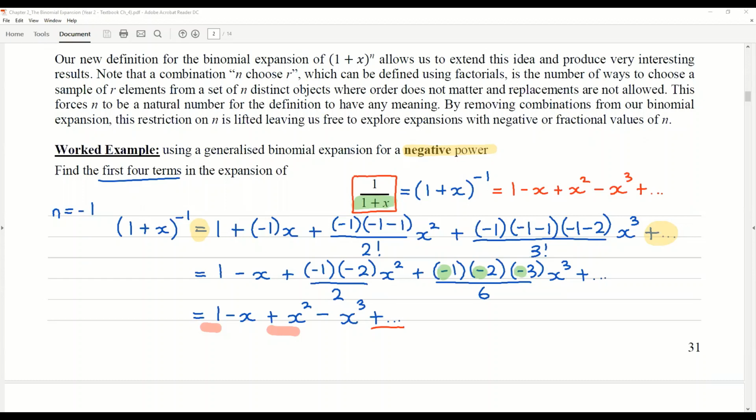It doesn't look like you're going to get the same values, and depending on what x is, of course, I think this is going to be a false result at first glance. I can't see any way you could get 1 over 1 plus x to equal this kind of expansion here, where you're continually adding new terms. But that's what we're going to explore next. Is this a reasonable result?